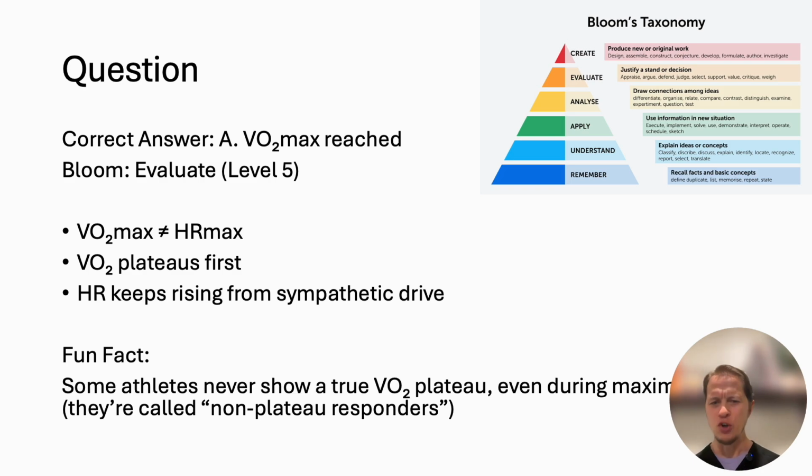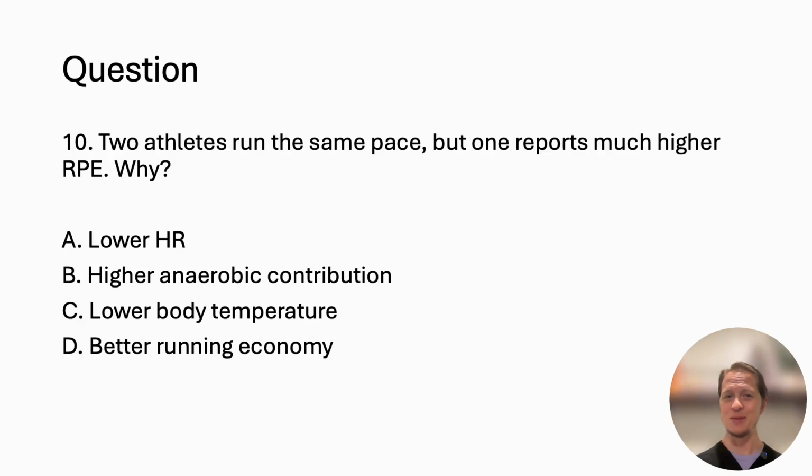Interestingly, and this is very annoying when you're trying to do research, some athletes just never really show a true VO2 plateau even at maximum effort, and frustratingly they're just called non-plateau responders. They really are the people that mess up the data, because you want such clean data in exercise phys, and life is not like that sometimes.